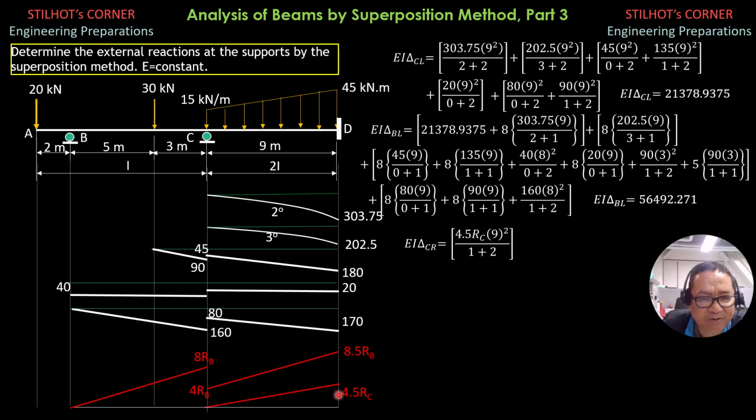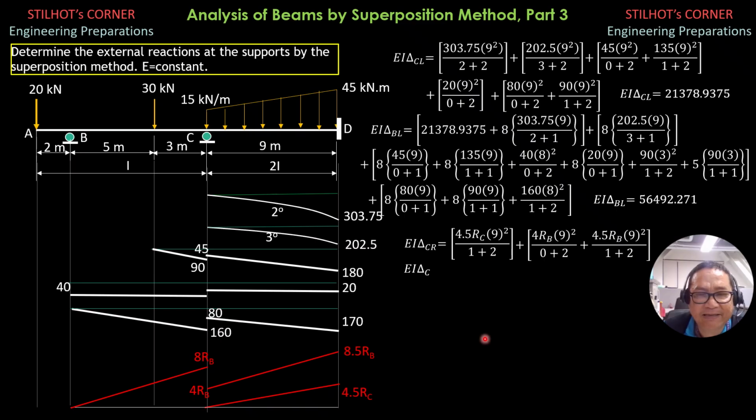Then for this loading here, we have couple and first degree curve, 8.5 RB minus 4 RB is 4.5 RB. So for the couple, 4.5 RB length 9 square over 0 degree plus 2. And for the first degree curve, 4.5 RB length 9 square over first degree plus 2. So that's it.